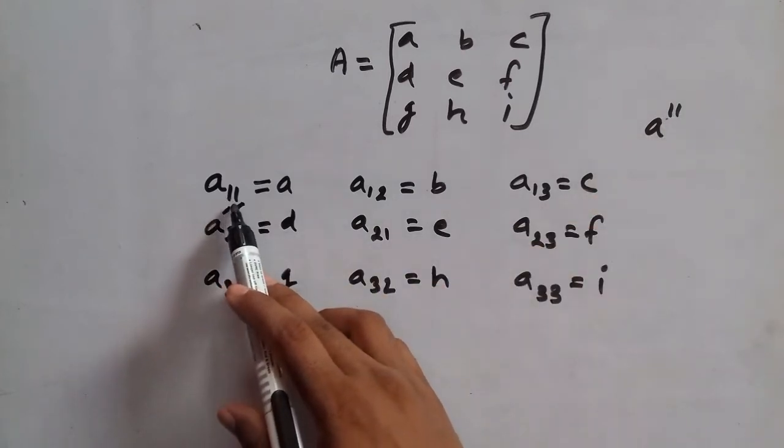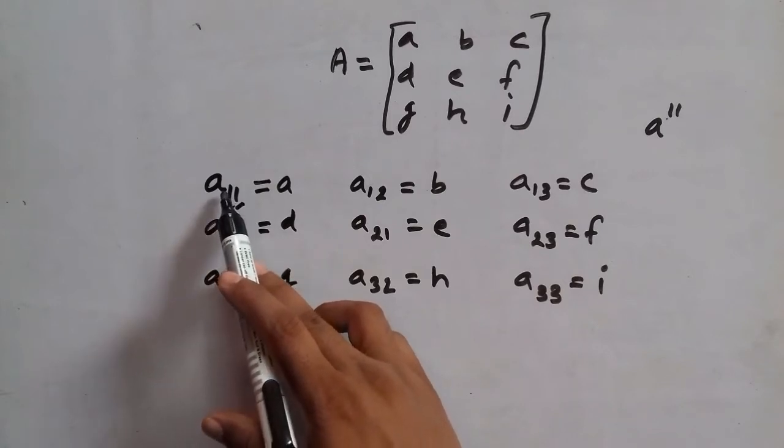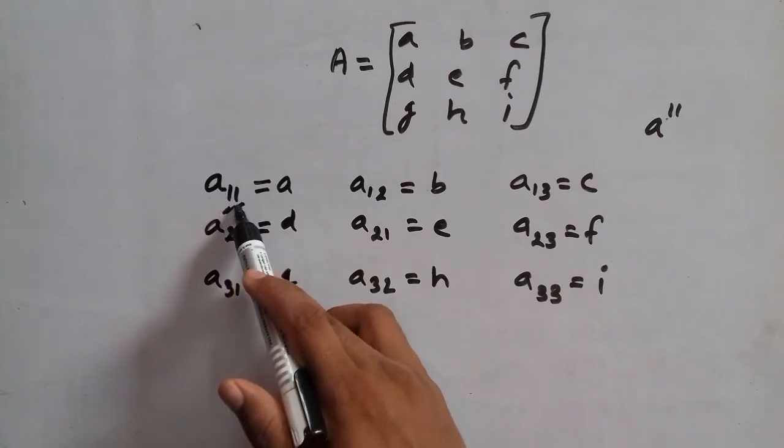Here A11 represents the element of first row and first column.